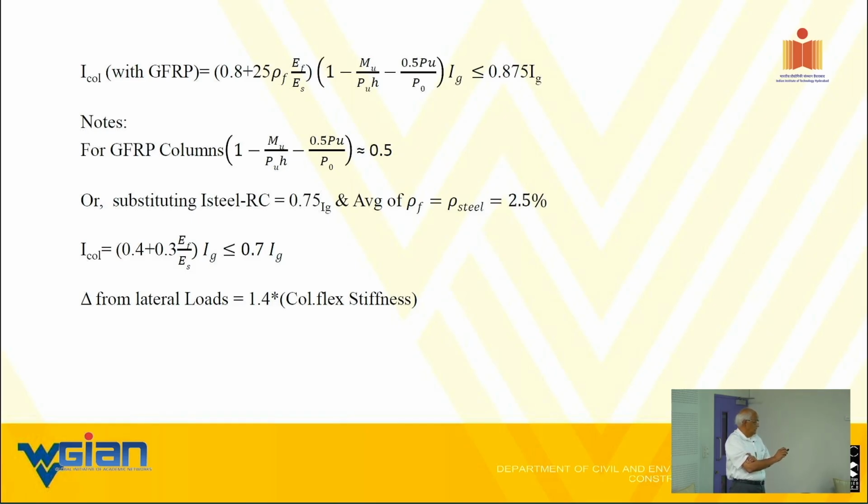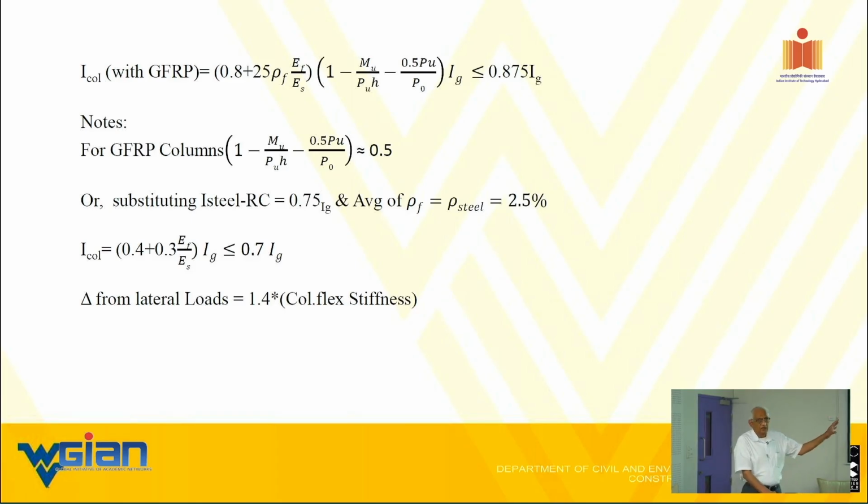Average, as I said, if you remember, the average rho of the steel percent is about 2.5%. In GFRP, it is of the order of 3 to 4%.